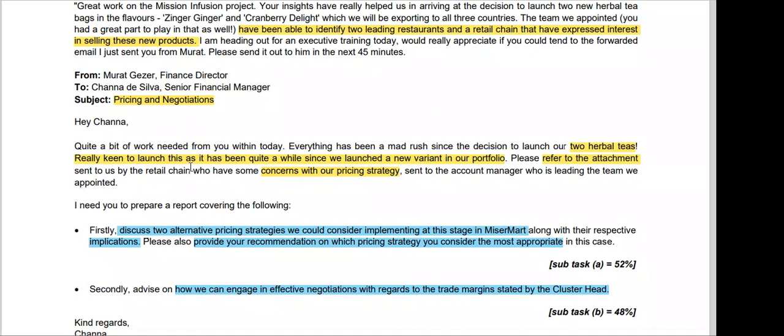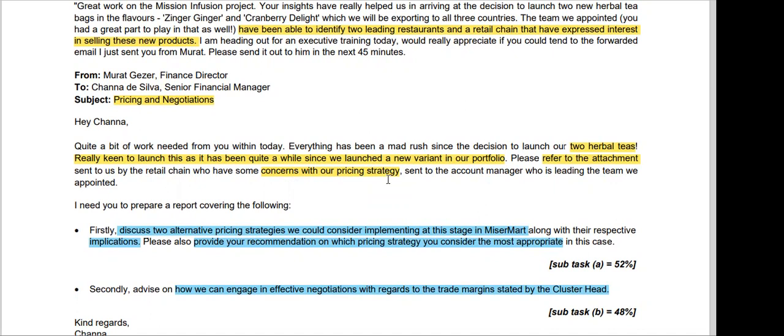Really keen to launch this, as it has been quite a while since we launched a new variant in our portfolio. Please refer to the attachment sent to us by the retail chain who have some concerns with our pricing strategy. So the company is in the process of introducing 2 tea ranges, herbal teas to be precise.